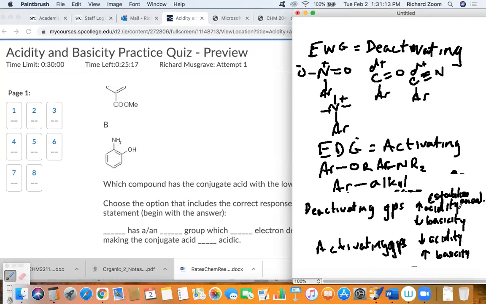Is that fair enough, Julie? Activating groups will destabilize anions. I think that's the only time you have to worry about stabilizing and destabilizing. Right?